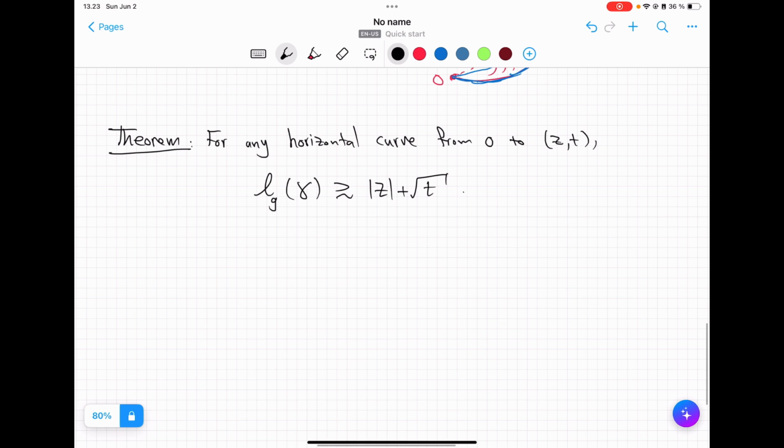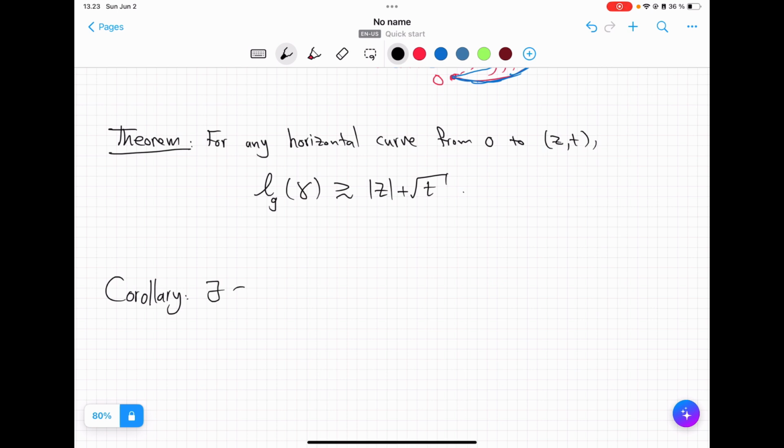And because remember, dcc is infimum over all such length, and this side does not depend on gamma, we will also get the same inequality for dcc, which together with the upper bound proves this.